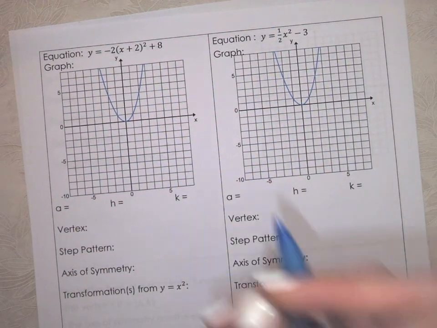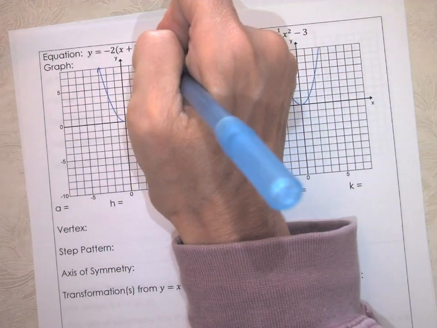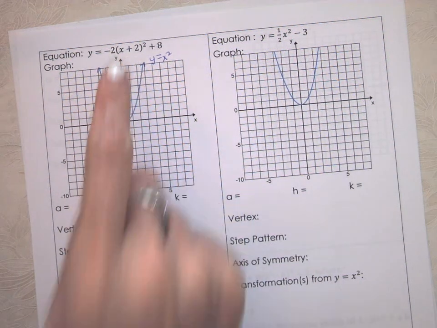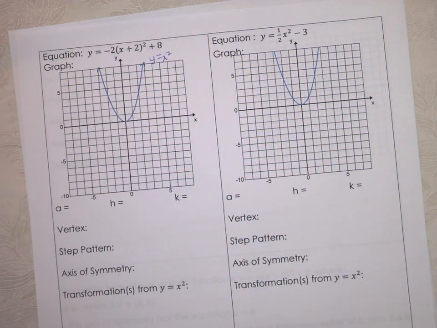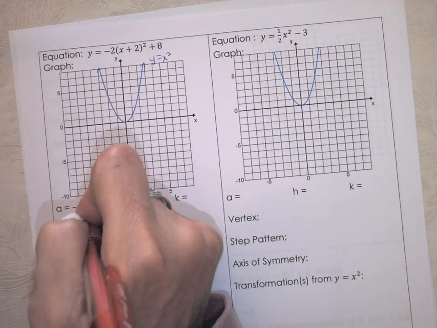So here's our parent function again, the most basic parabola, y equals x squared, and we are asked to draw the graph of y equals -2 times (x plus 2) squared plus 8. So again, if you remember from yesterday, the first thing we do is figure out our values of a, h, and k. So our a value is -2.